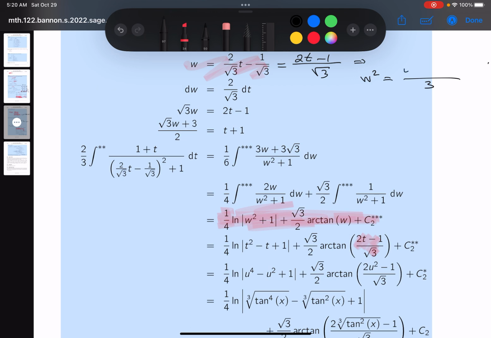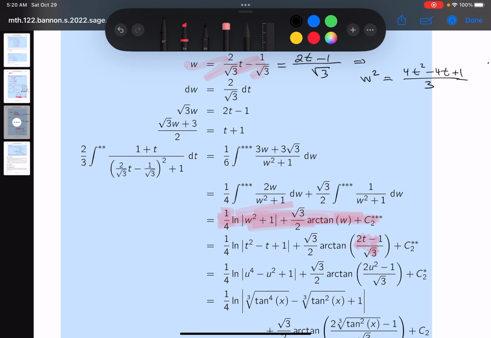You would get 4t² − 4t plus, let's see what you get over there, plus 1, right? Oh boy, that looks tough. And let's see what we got over there. That's the w² + 1.